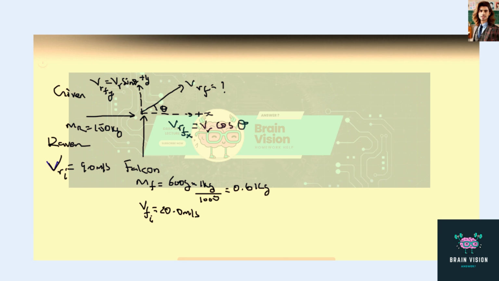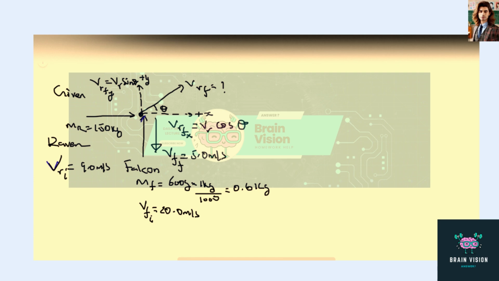That's the information we're given. We do have the masses, the velocities, and also the final velocity. When they collide, the falcon is going to bounce back with a final velocity of 5 meters per second.